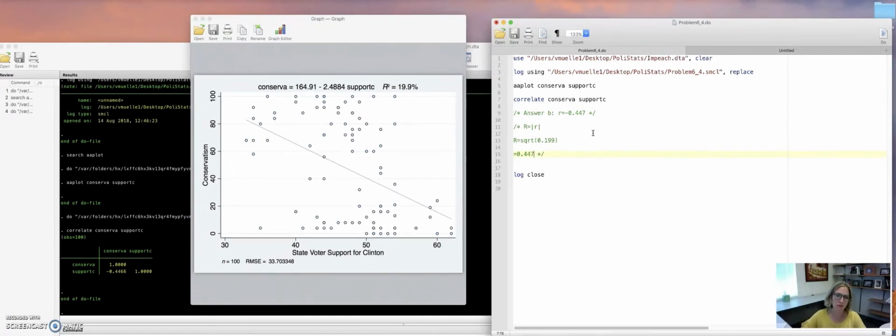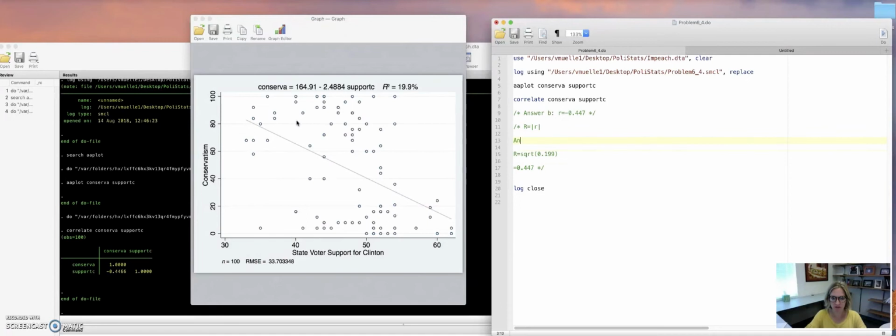Well, first of all, we know that the estimated coefficient on support is negative. We also can see from the visual diagram that there's a negative correlation, or negative association, between conservatism and state voter support for Clinton. So based on both the r squared and the association between conservatism and voter support being negative, we can pretty much answer that the correlation coefficient is negative 0.447.